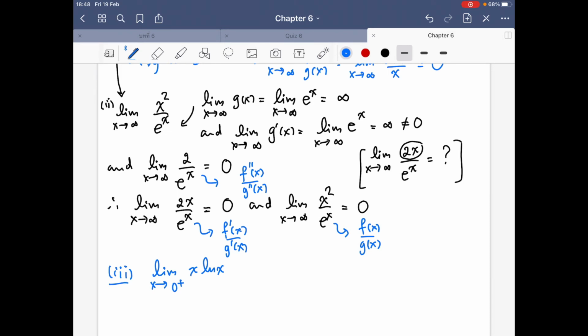doesn't look like fractions, right? So you may need to rewrite it in terms of a fraction, which will be log of x over 1 over x. This one will be your g of x, right? So as you look at it, the limit of your g of x is infinity, right?